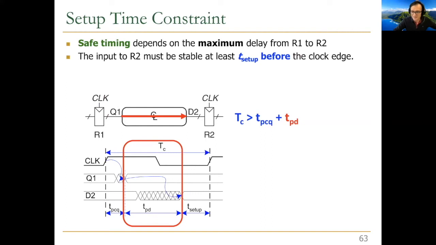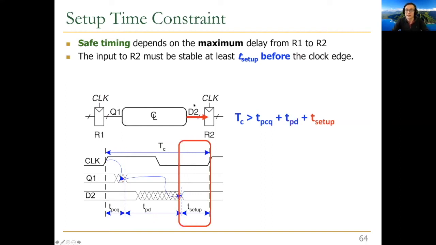Assume that it's fixed for now. So that takes some time. And then we need to ensure that we wait enough time, the setup delay, for D2 to be available in the clock cycle. And this is what our clock cycle equation is. T clock cycle should be larger than clock to Q propagation delay, and then the propagation delay of the combinational logic, and then the setup delay of this register.